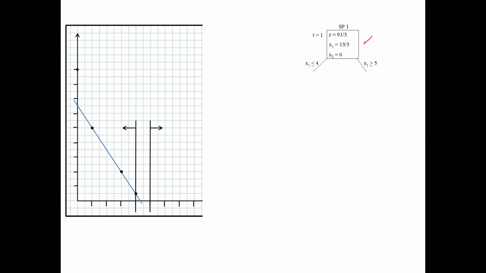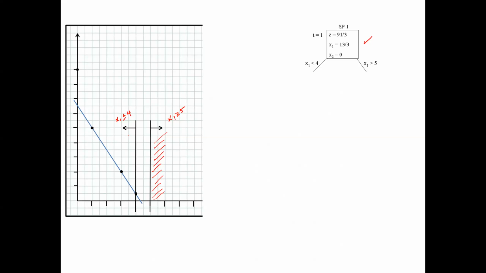If we add those two constraints to the problem, this is how the problem looks. This is x1 less than or equal to 4, and this is x1 greater or equal to 5. As you can see, the x1 greater or equal to 5 area is not part of the feasible region, so there will be no solution for that subproblem.